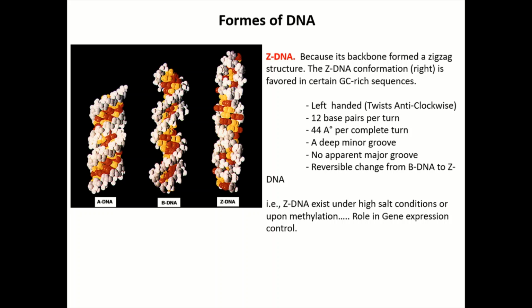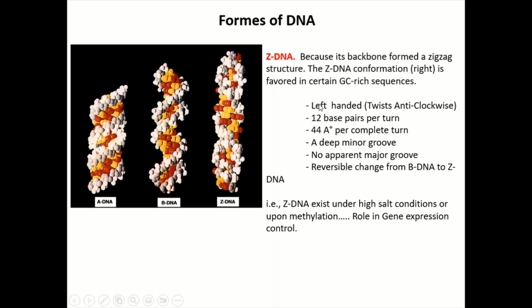Z DNA is named so because its backbone forms a zigzag structure. Here you can see the zigzag structure. The Z DNA conformation is favored in certain high GC content sequences or GC rich sequences.